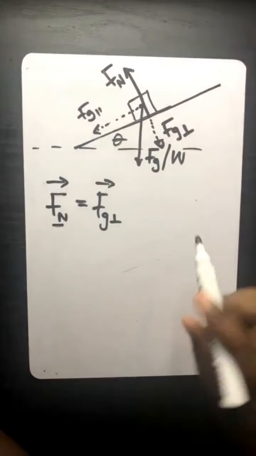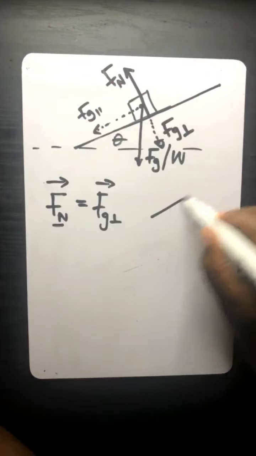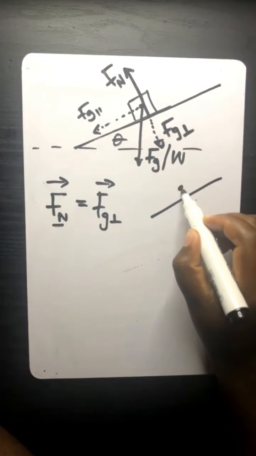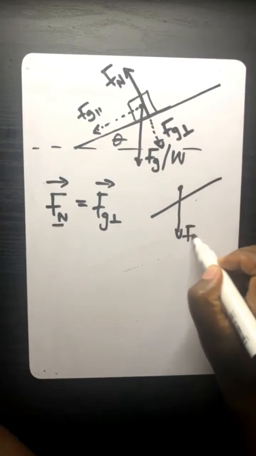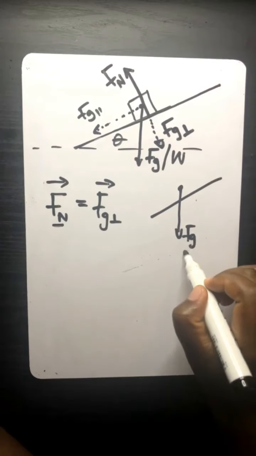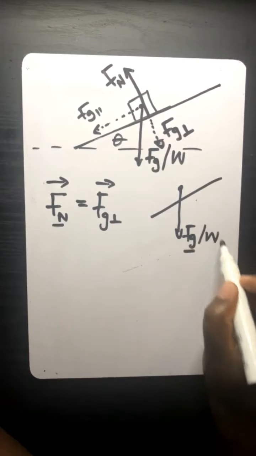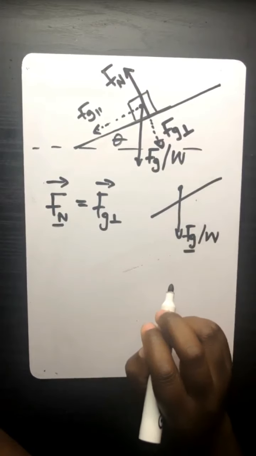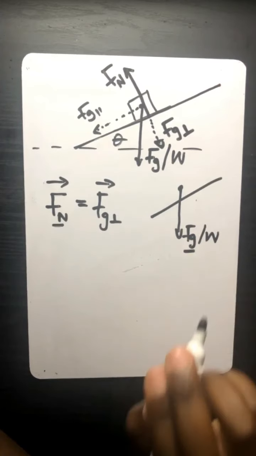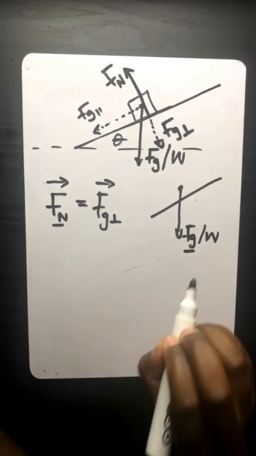So just so that it doesn't confuse you guys, we have a surface there, and we have a force of gravity in that direction. The components of this force of gravity or weight are two. The first one is the vertical, and the second one is the parallel. Vertical to what?